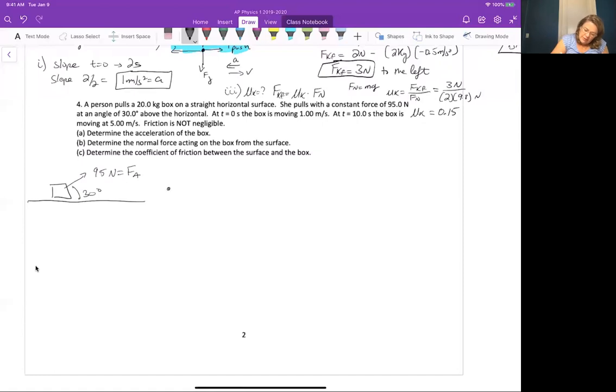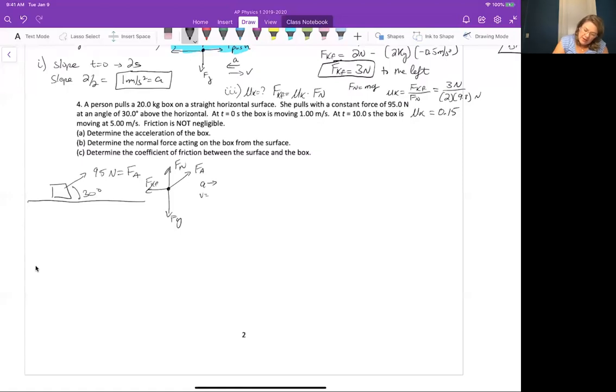So, free body diagram, force normal, force of gravity, force applied, force of friction, and we're pulling it, so it's kinetic friction. Okay, so there we go. I need the acceleration of the box. I'm accelerating obviously in the x direction. I would hope you assume it's not flying up in the air. Otherwise, it would tell us something to that effect. So we must be accelerating that way.